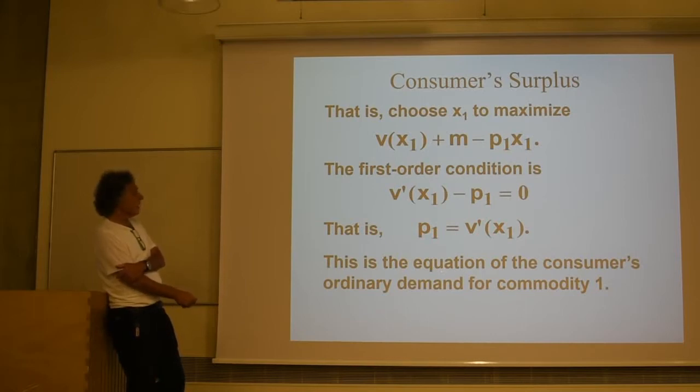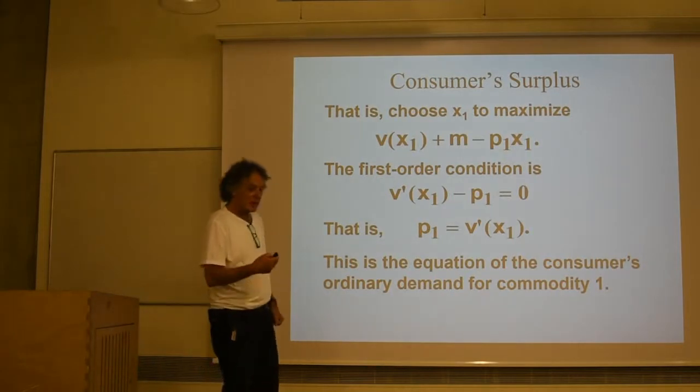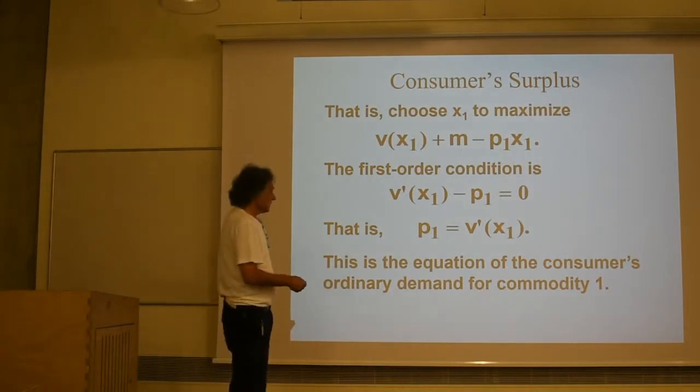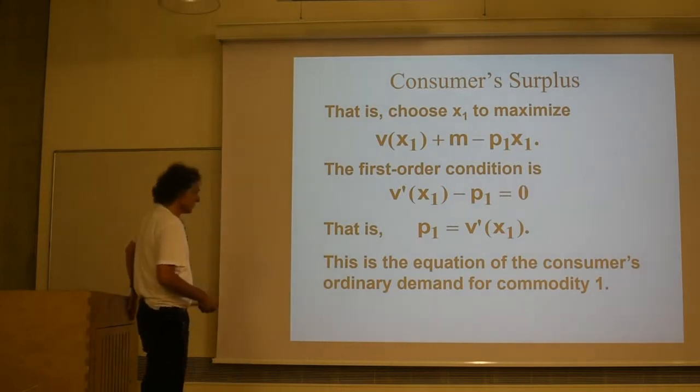This is the equation of the consumer's ordinary demand for commodity 1. Actually, if you like to be precise, it is the consumer's ordinary inverse demand. Typically, demand is how the quantity depends on the price, but here it is how the price depends on the quantity. That's the inverse demand.